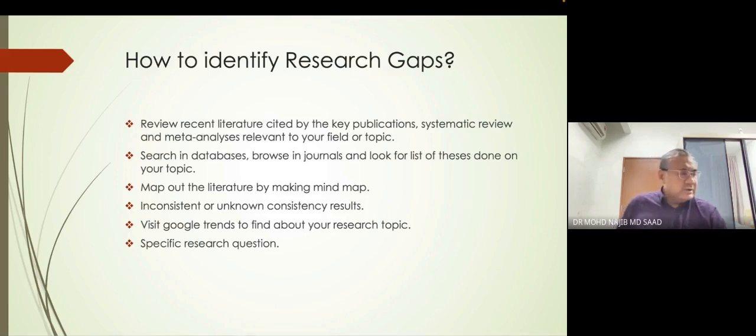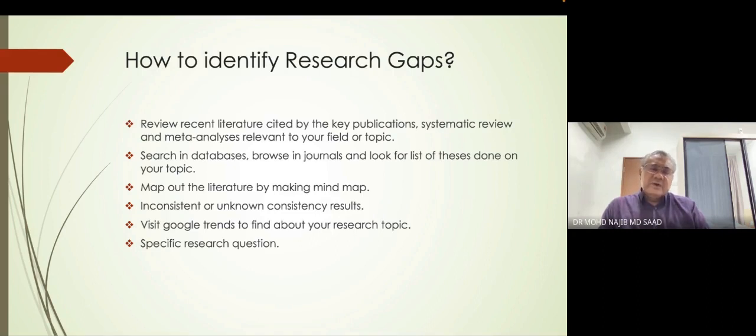For example, you can look at Taylor and Francis, which publishes very high quality peer-reviewed journal articles. You can look for systematic reviews, as well as refer to meta-analyses. These three important elements will help you identify a research gap with regard to your field or topic of study.